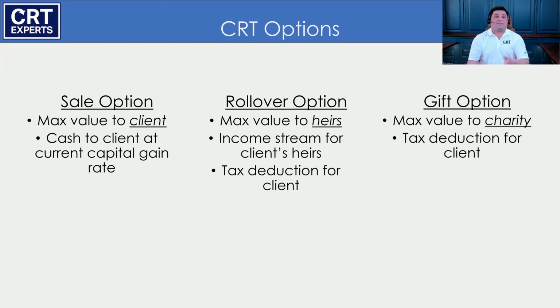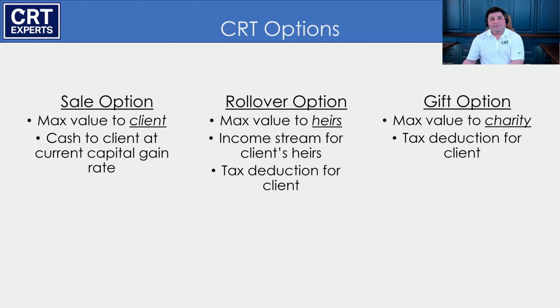If I could, I would just tack my kids on as income beneficiaries of the trust. Of course, we can't do that. But the rollover option is as close as we can get to that. And so we're going to be looking at the rollover if we're looking at heirs or maybe a spouse who is not on the current CRT.